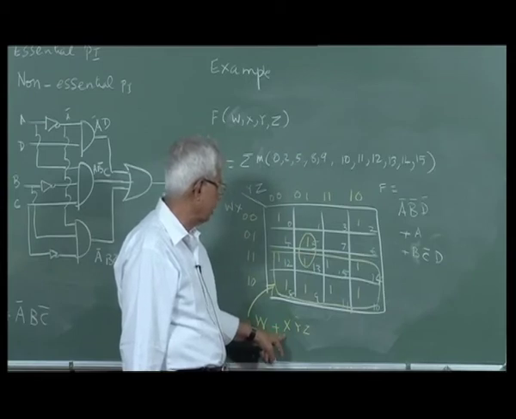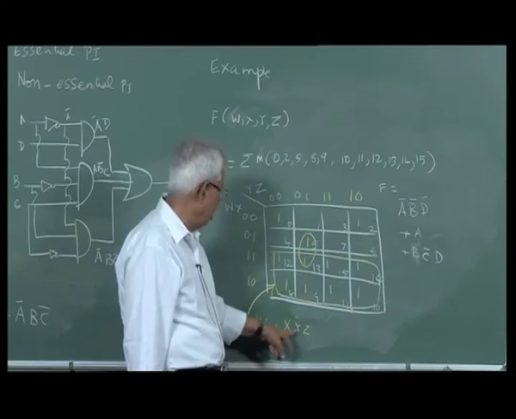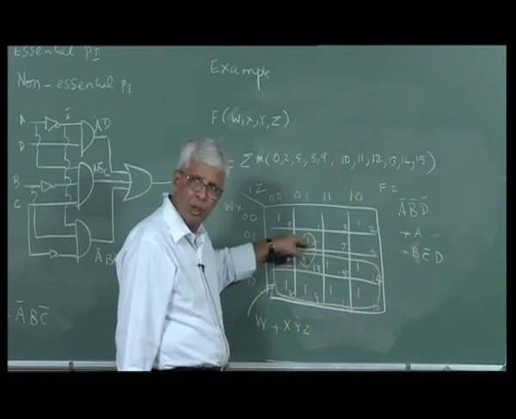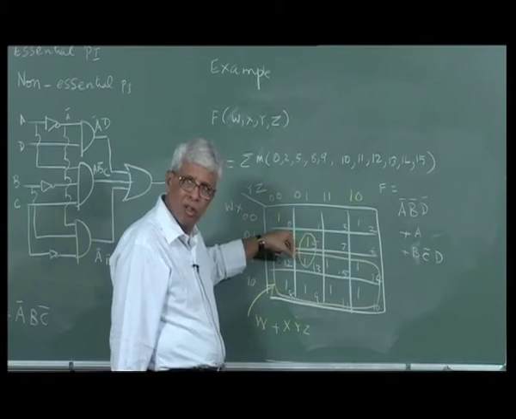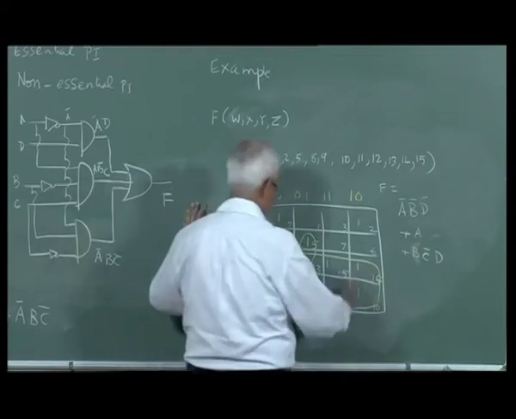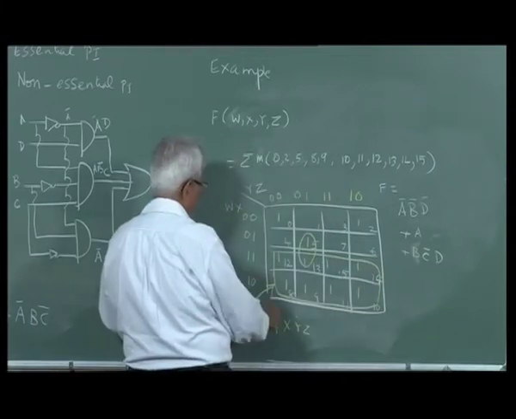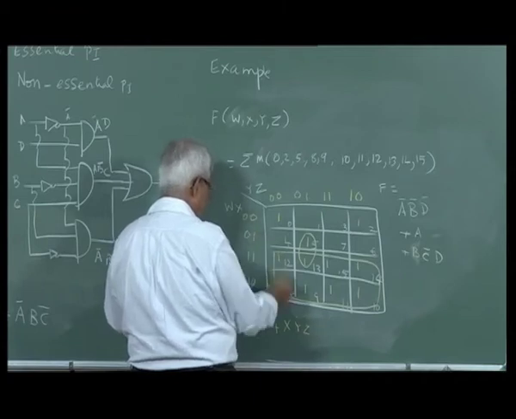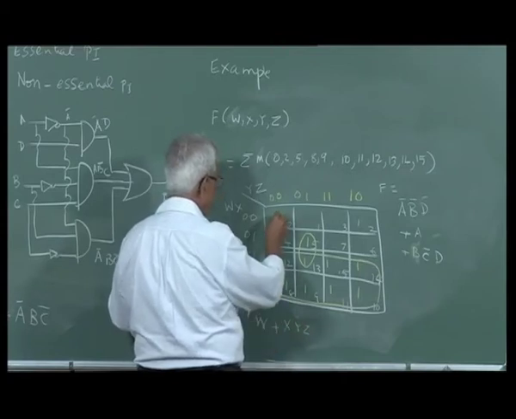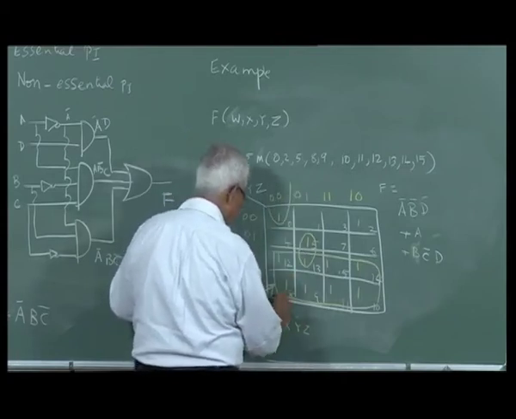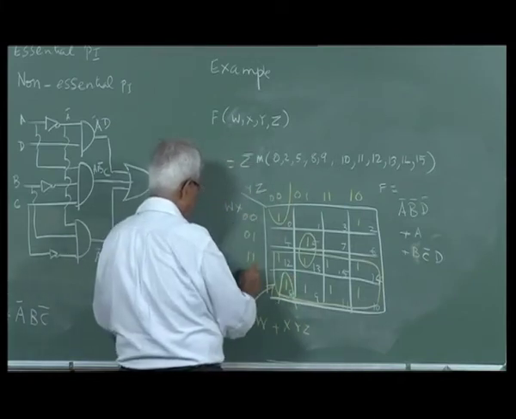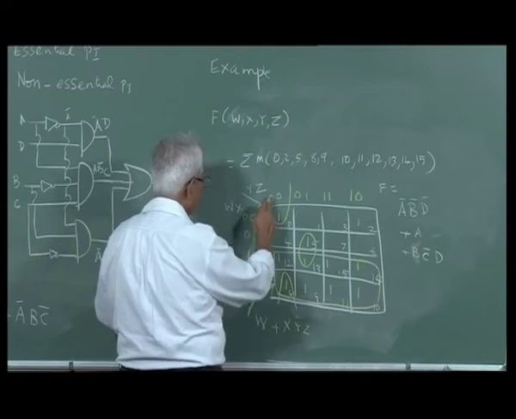X is B, so W B is right. B, C bar, D, correct. And then this one and this one will go together because they are adjacent. That will be X bar, Y bar, Z.